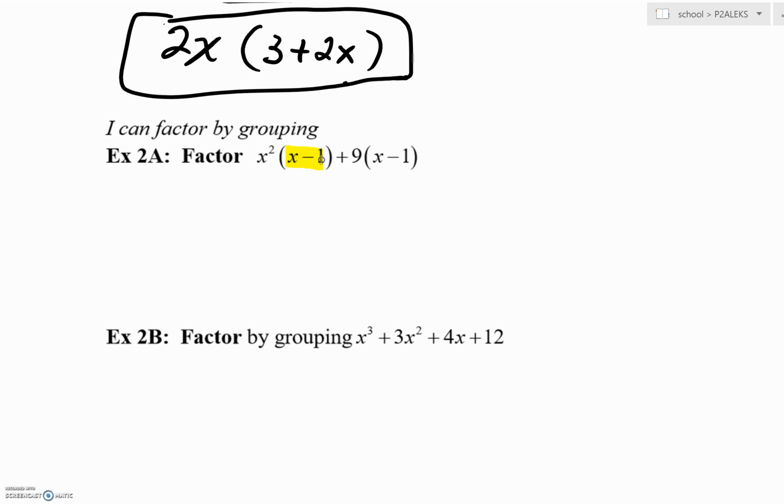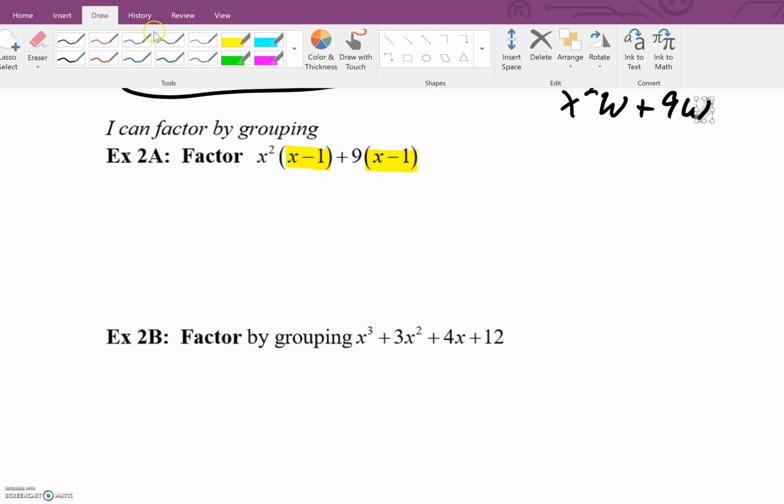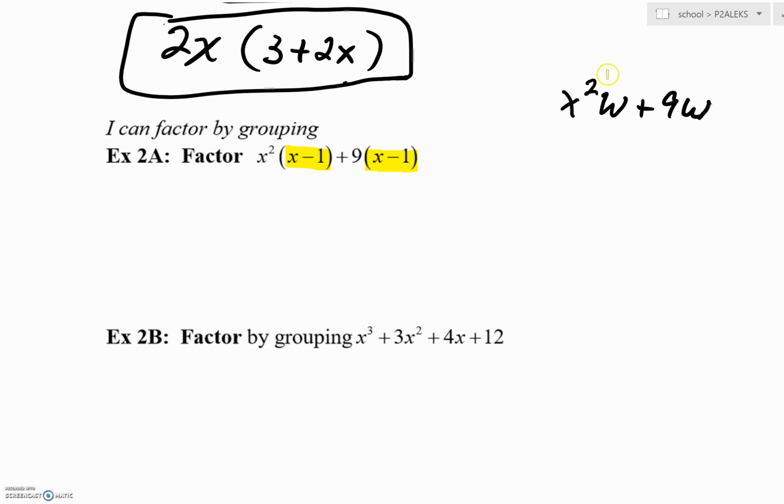Now, factoring by grouping, this is the last stage of it. Whenever you're factoring by grouping, you will end with 2 parentheses that are identical. They will always be exactly the same, right? So I guess the point that I'm making is, what if I gave you x squared w plus 9w, and that certainly looks way different than what we just had.